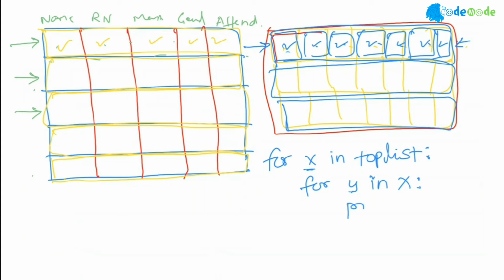So whatever you want to do, print Y. So you are dealing with a top list which has 3 rows, and each row has 6 or 7 columns. So this is for rows, and this is for columns. This will give you each individual cell.